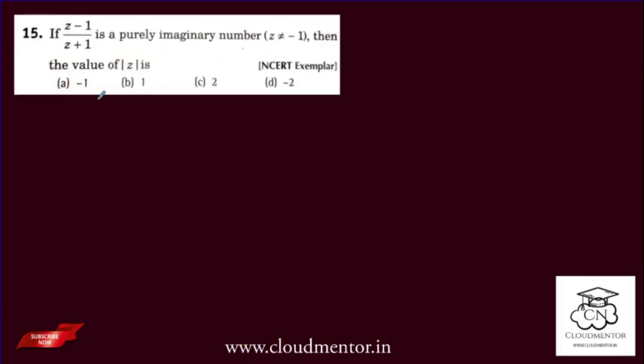z minus 1 by z plus 1 is a purely imaginary number, z not equal to minus 1, then the modulus of z is dash. So here let z equal x plus iy.